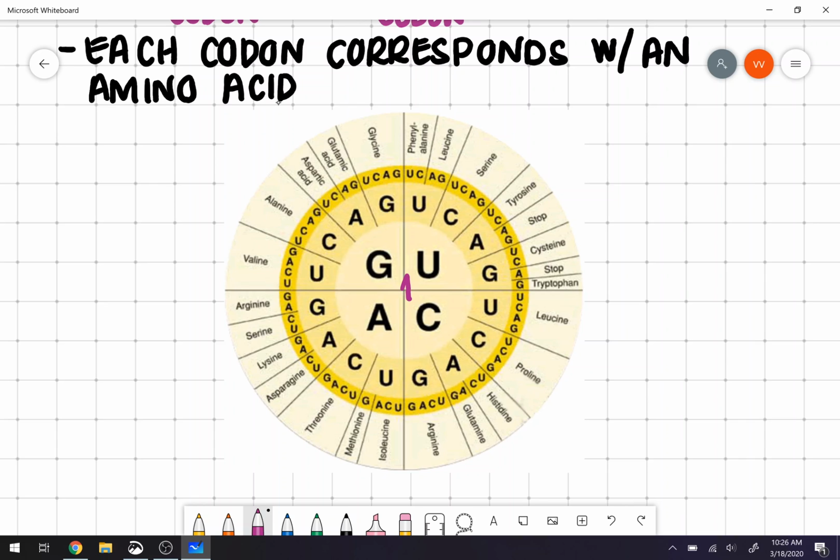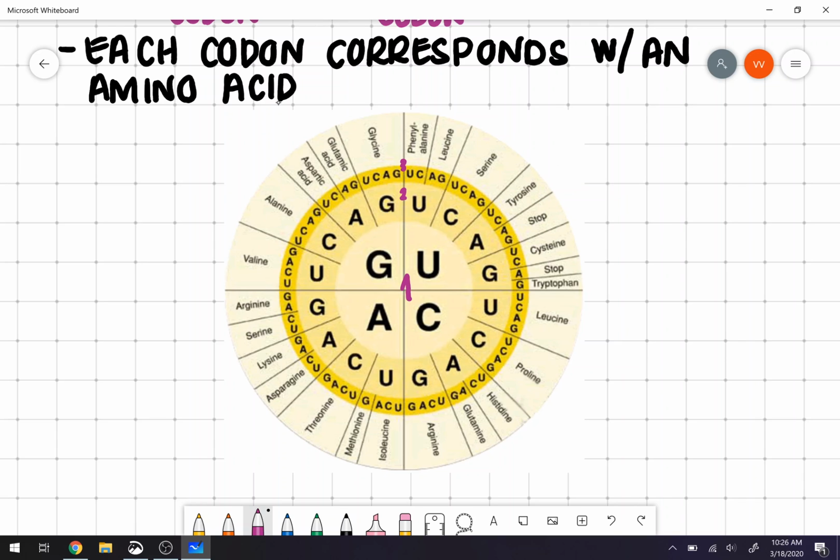The second letter is going to correspond with this medium colored yellow. And then the third letter is going to be in the darkest yellow. And that's going to correspond with one of the amino acids that you see on the outside.